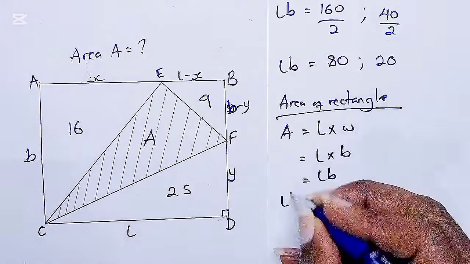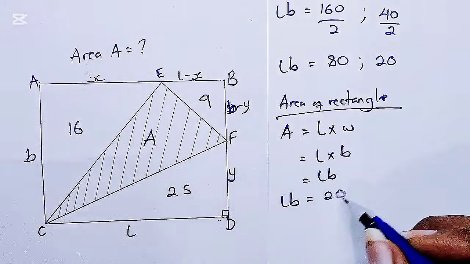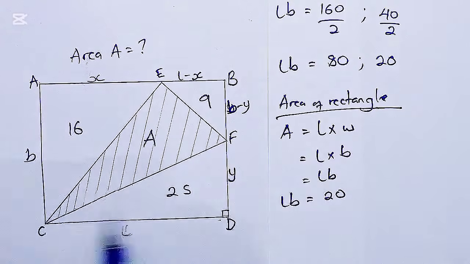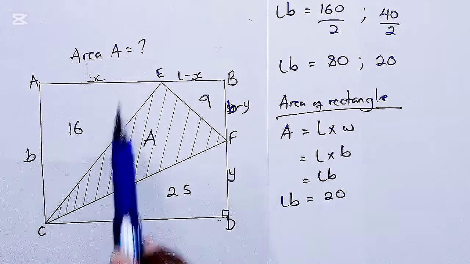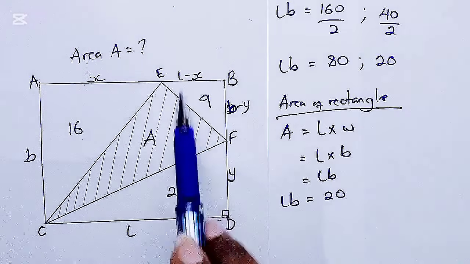If we consider LB as 20, this is impossible, because you cannot tell me the area of the whole rectangle is 20, yet just this part here is 16, this part is 25, and this part is 9.